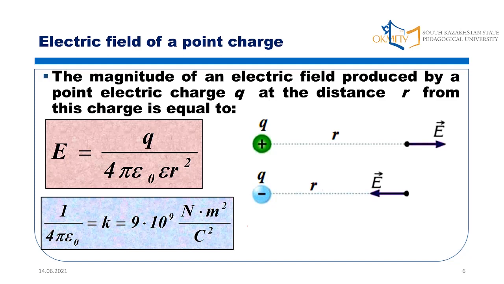The magnitude of the electric field produced by a point electric charge Q at a distance r from this charge is equal to the ratio of this charge to 4 pi epsilon 0 epsilon r squared, where 1 over 4 pi epsilon 0 is the electric proportionality constant, which is equal to 9 times 10 to the 9th power Newton meter squared per Coulomb squared.